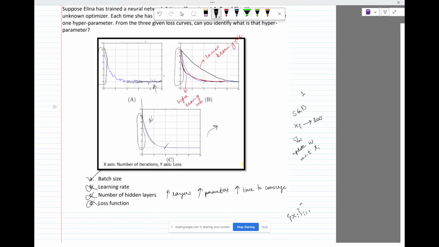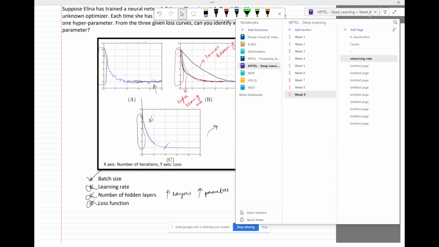Here we are looking at very few samples, one or two, and computing the gradient and updating the parameter. So it will oscillate a lot. Okay, I'll go to the next question.